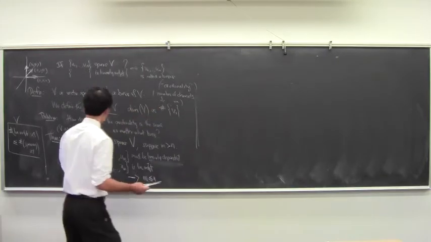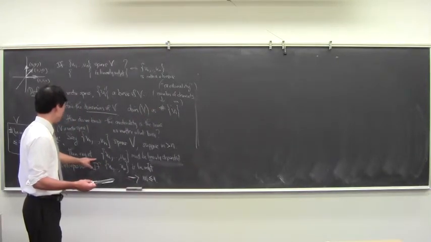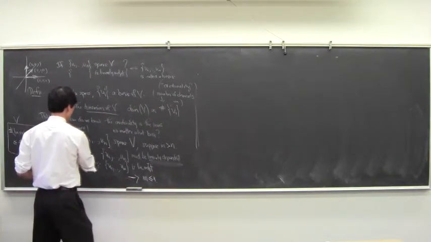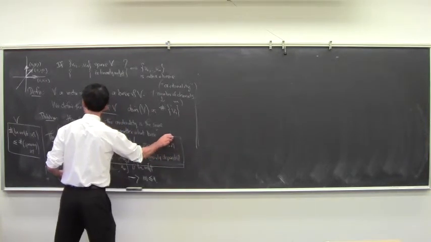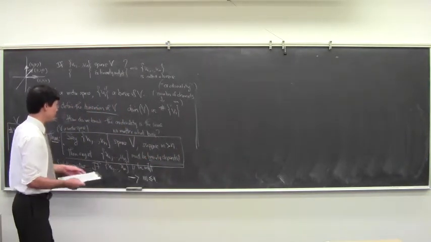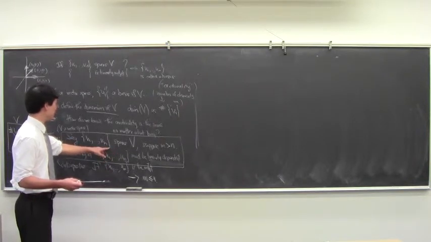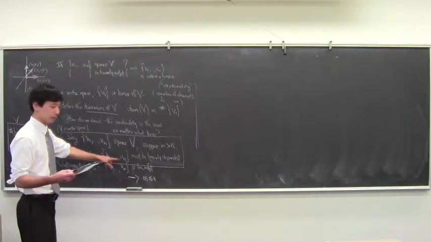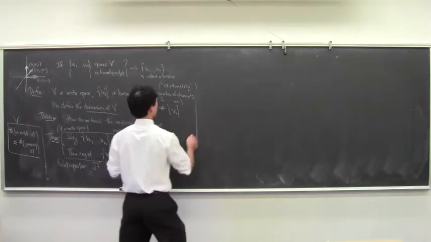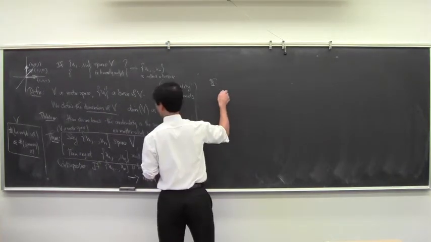Okay, so let's see what we're trying to do. We're going to prove not the contrapositive, but the original statement. So if you have more elements than a spanning set. Okay, so proof.